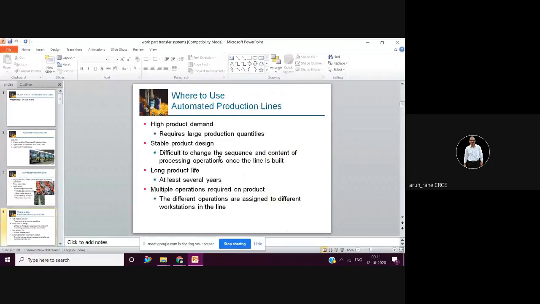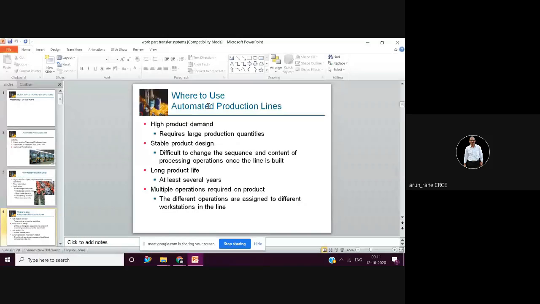Where do we use these production lines? Wherever product demand is high, mass production like furniture lines, lock assembly lines, cupboards, automobiles. Also where the product design is stable and flexibility is less, because the moment it is hardwired or dedicated, it is difficult to change.